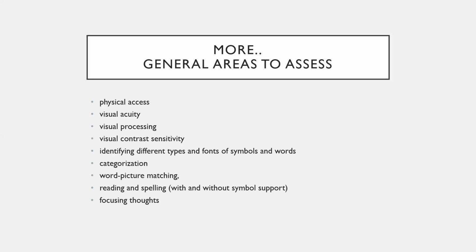If they're not, then you have to think about organizing the system in a different way instead of categorization. Word picture matching, that's certainly helpful, right? When there is a written word underneath an image, can somebody identify that the word belongs with that picture?